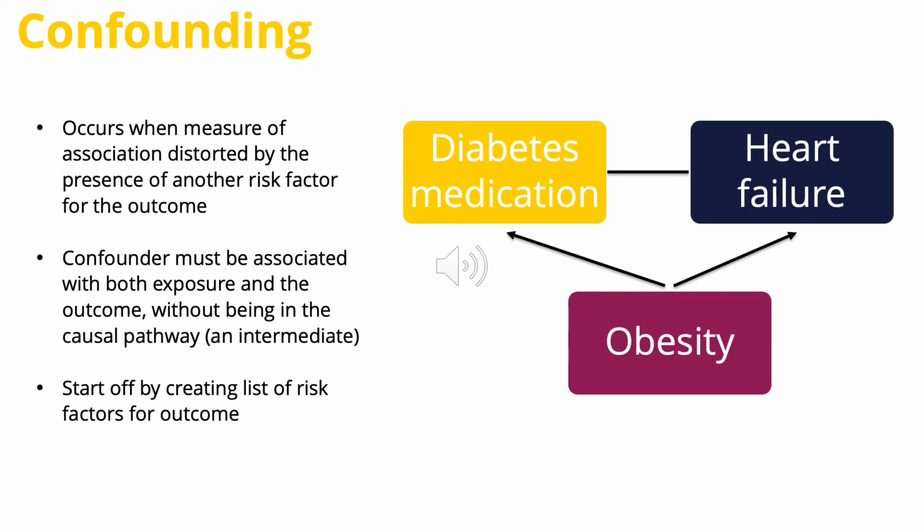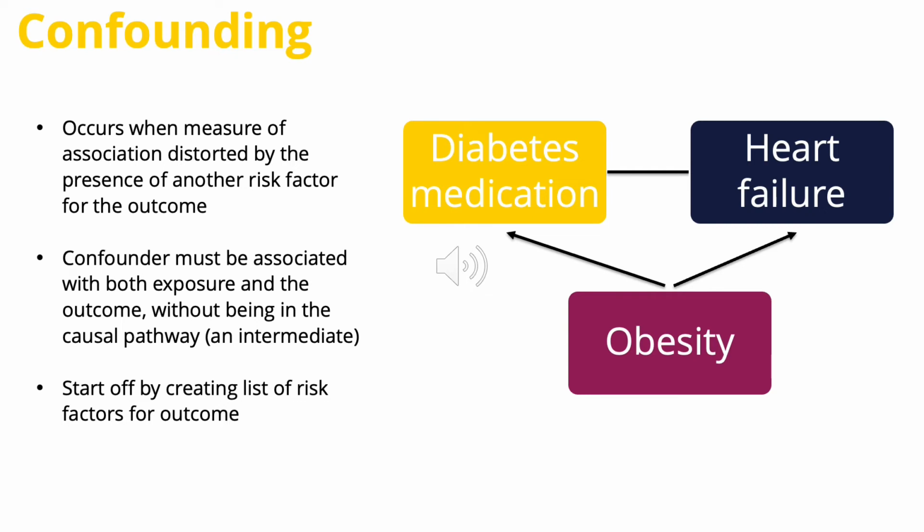So typically what we do to start thinking about potential confounders for our research question or our association of interest is to start off with risk factors for the outcome. In this particular example, obesity is a confounder of the association between diabetes medications and heart failure, because obesity, whether you're obese or not, influences what type of diabetes medication you're going to receive.